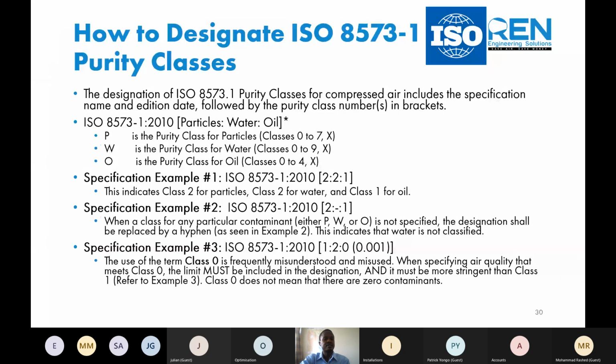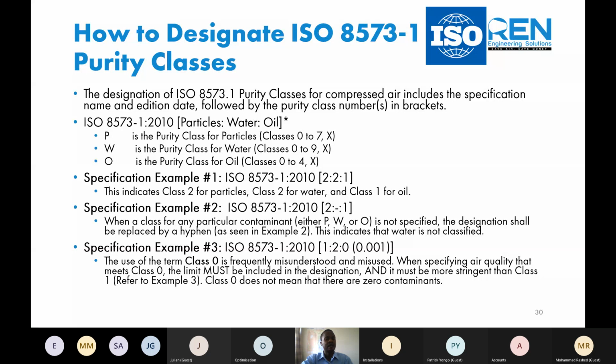This slide explains just a bit more about purity classes. So let's say, for example, as a manufacturer, you specify, as in example 1, that the purity class that you want for your plant is ISO 8573 class 2-2-1. What does that mean?